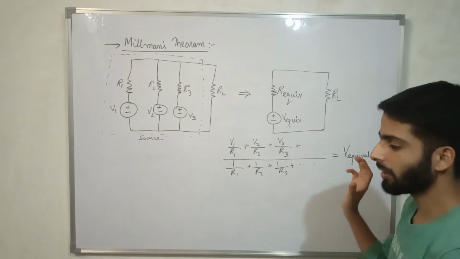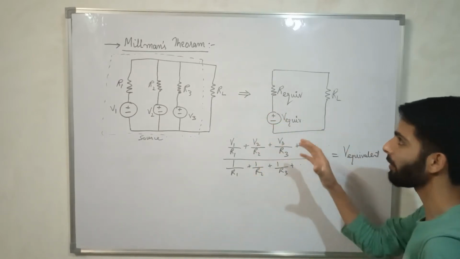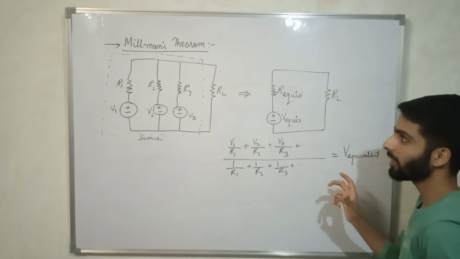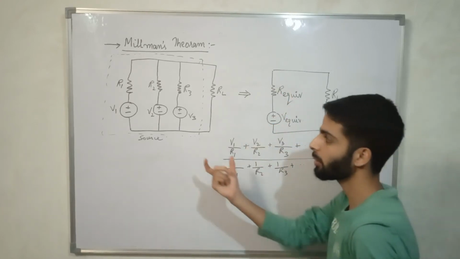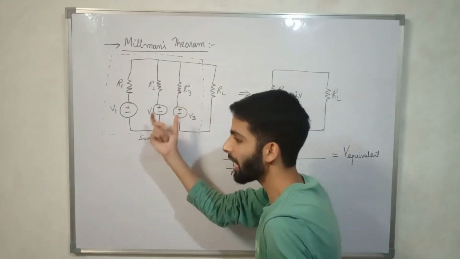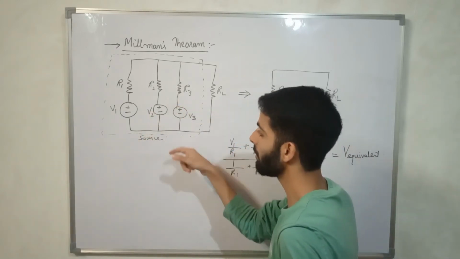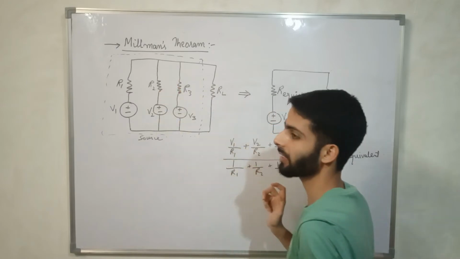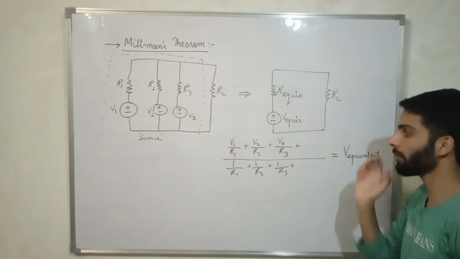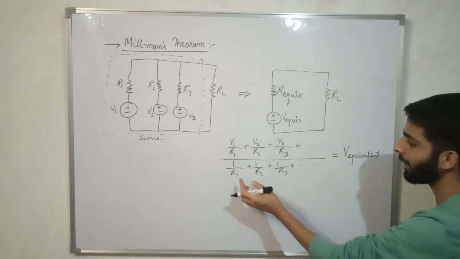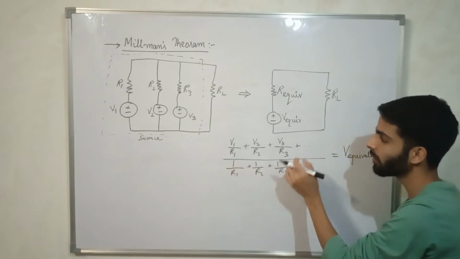So till now the funda of this Millman theorem is clear, that we have to find an equivalent voltage that is formed by so many parallel voltages given in a source circuit that is connected to the load, so as to make the circuit simpler. Why is this 1 upon R1, 1 upon R2, 1 upon R3?